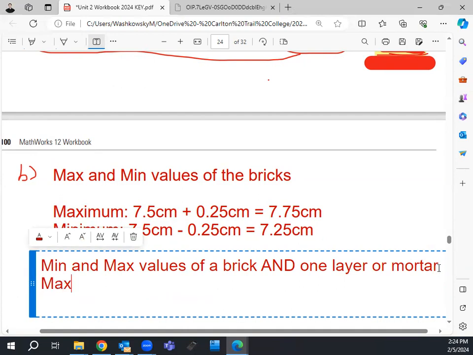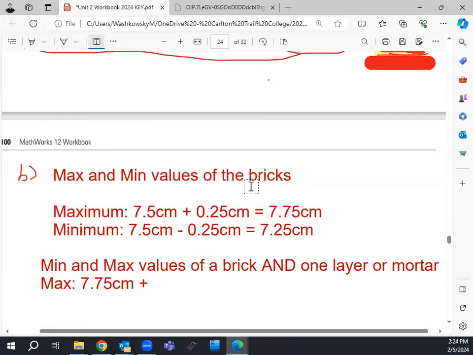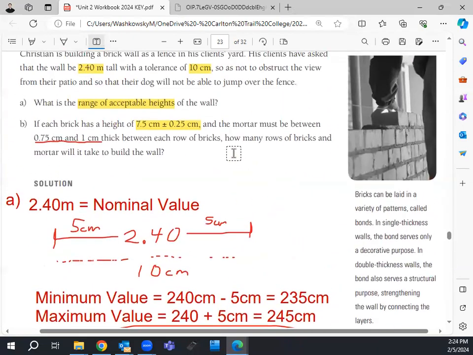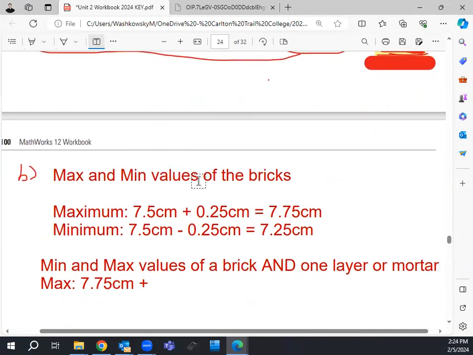So here's what I know. The maximum, what's my maximum brick value? Well, I just calculated, right? 7.75 centimeters. And then it's saying the mortar, I'll come back down, I'm just going to scroll up one second. The mortar must be between 0.75 and 1 centimeter thick.